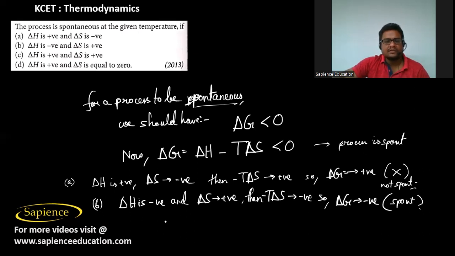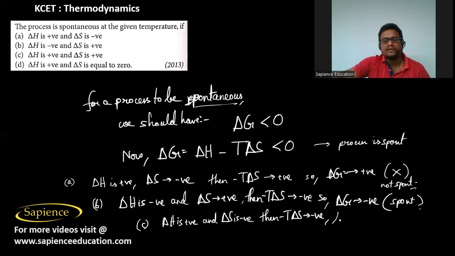And in case of option C, delta H is positive and delta S is also positive, so minus T delta S is negative. But if delta H is more than the magnitude of T delta S, then delta G will be positive only.